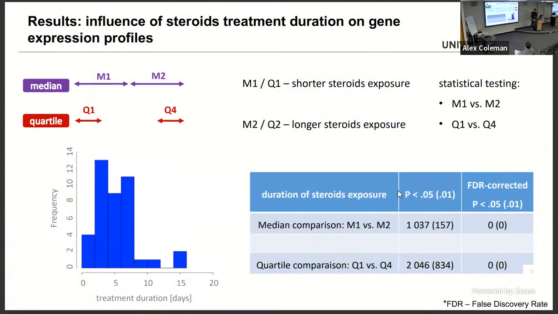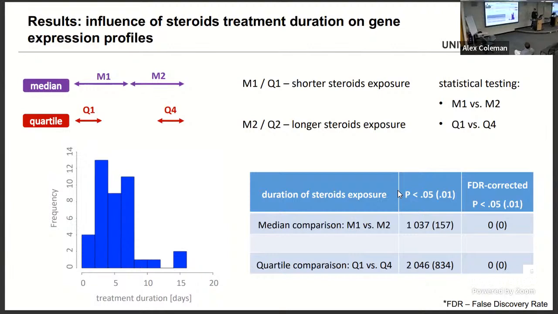So here are the results. The first part was to assess the influence of steroid treatment on gene expression. We know from other studies, and clinically we would expect, that steroid exposure will influence gene expression.